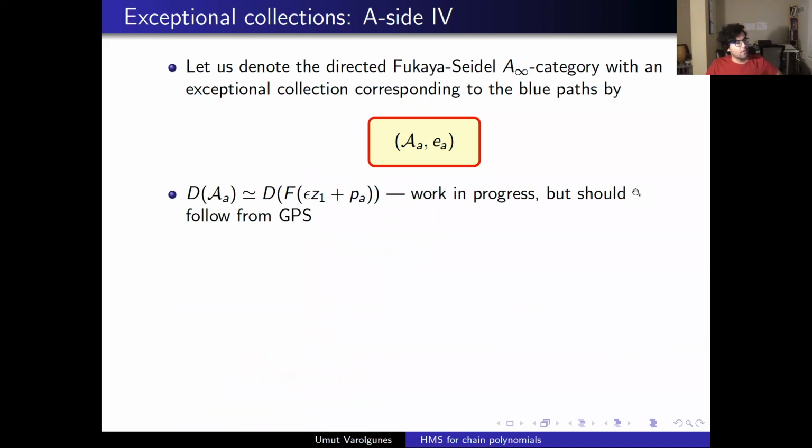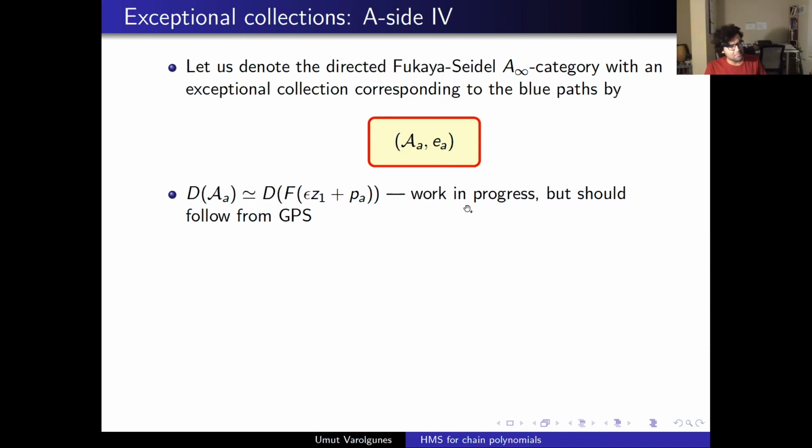Now it's supposed to be the case that this is an A infinity category. It can be computed in the base, and it's directed. So there's morphisms only going in one direction. And so these thimbles should generate the original big Fukaya-Seidel category.